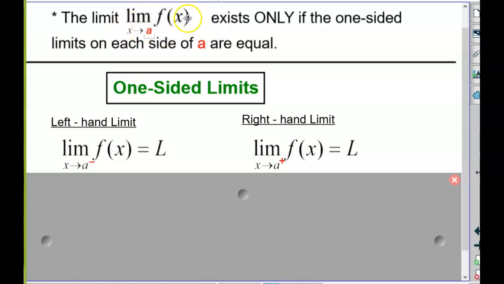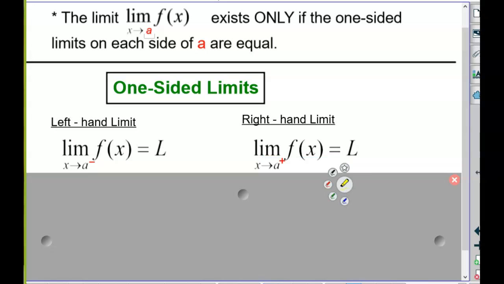This is sometimes called a two-sided limit because there's no direction, so you have to approach it from both sides. But if you have an extra little mark right here, see this little negative sign? It's in the exponent spot. That means we're approaching it from the left-hand side. If there's a plus up there, that means we're going to approach it from the right-hand side. So this slide is just getting us used to the notation.